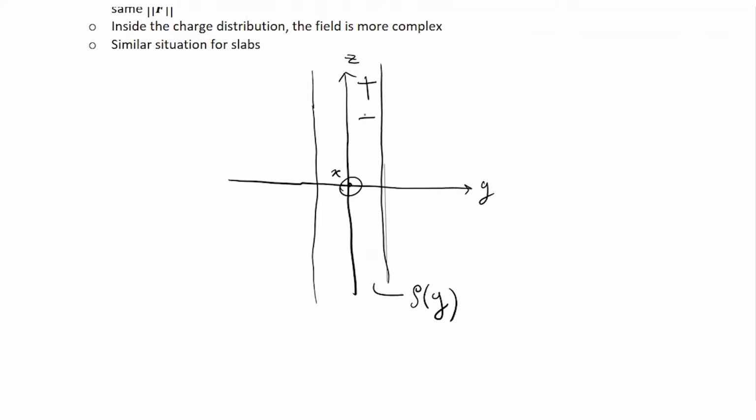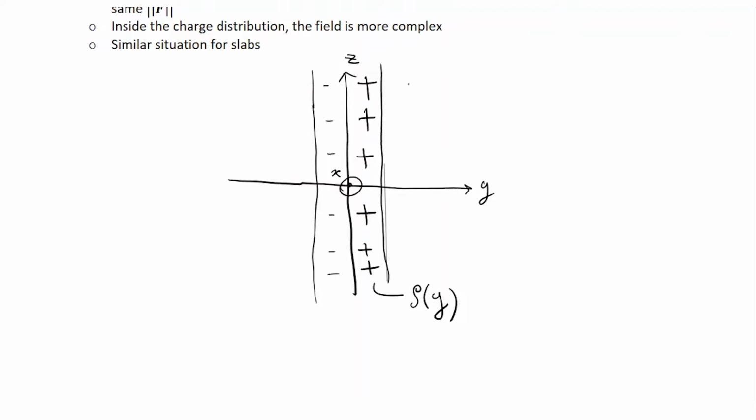Let's say we have some positive charges here. Let's make them very positive. And let's make charges here a little bit negative. Then overall this slab is positive. So outside the field is going to sort of diverge from this slab.